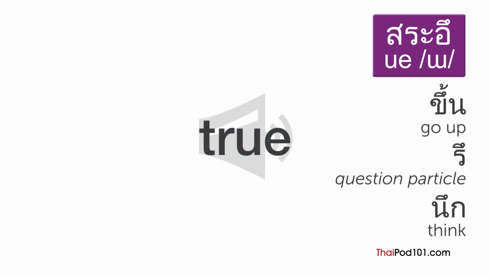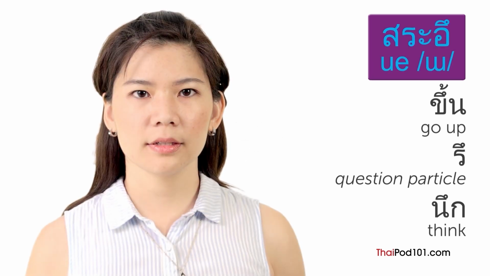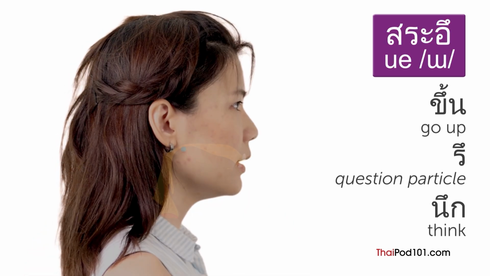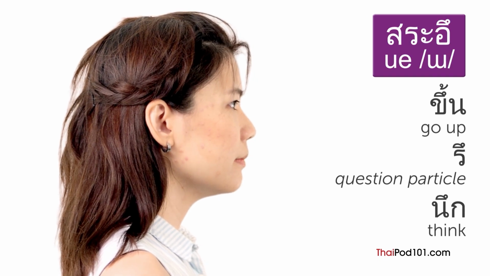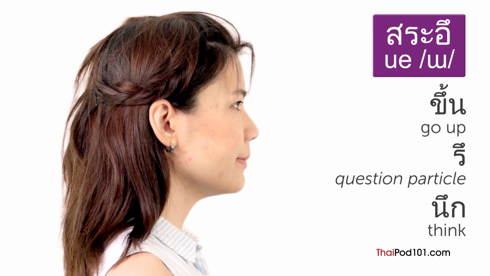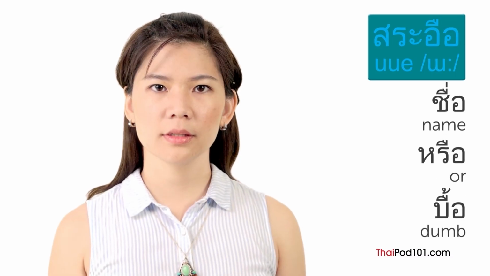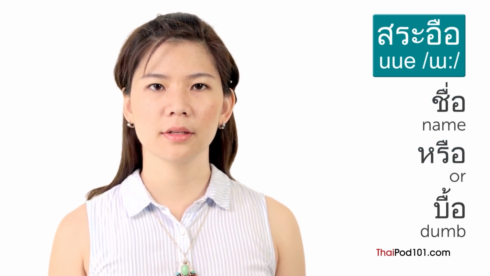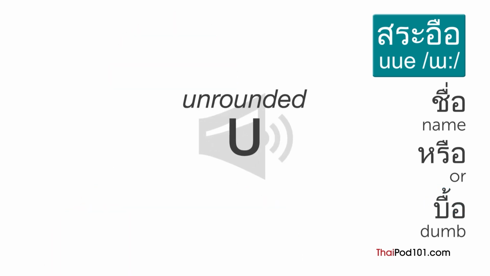From there, try to unround and spread your lips. The next vowel sound is identical to the previous sound, but longer. It's like an unrounded U sound.